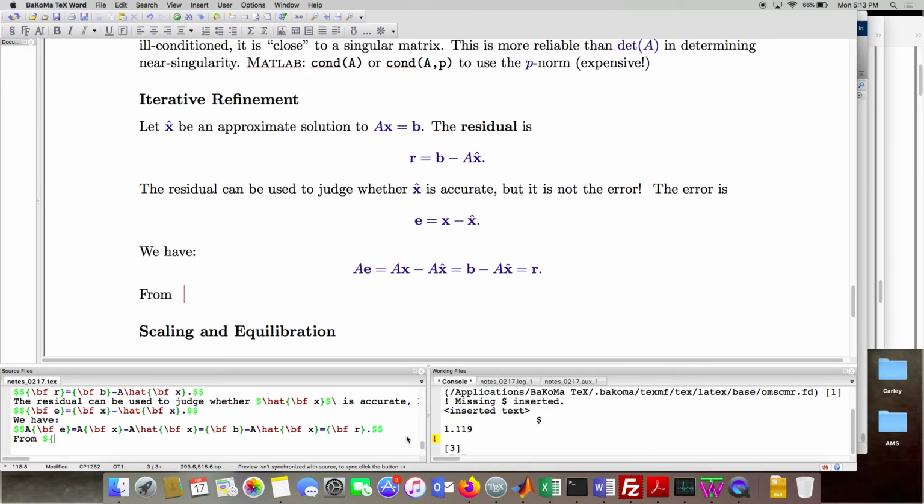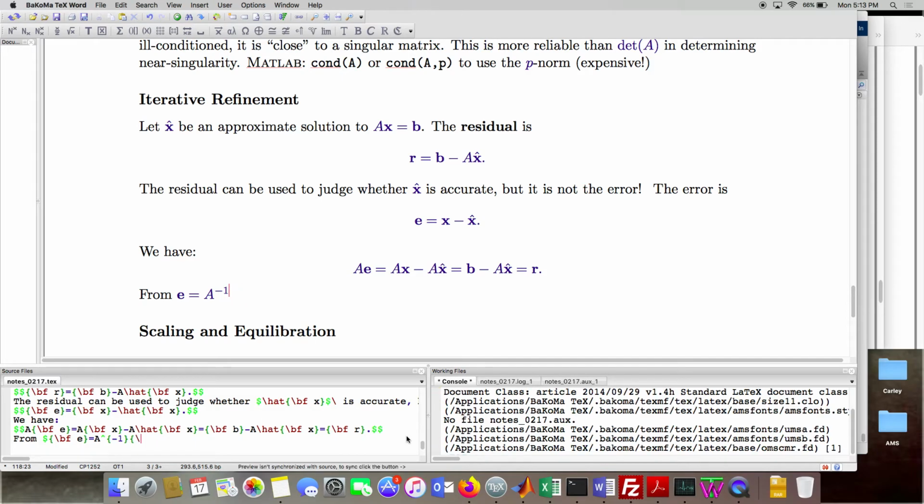So now, from the error being equal to A inverse times the residual, we have the following.